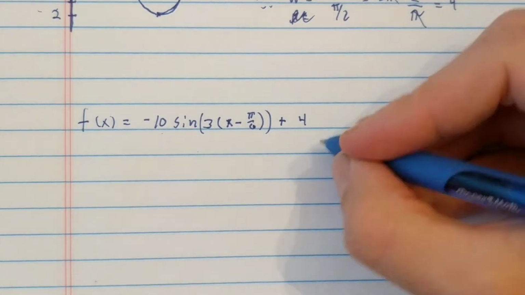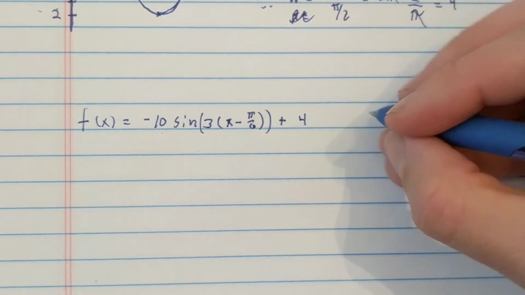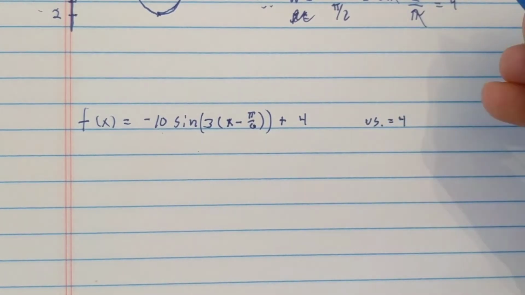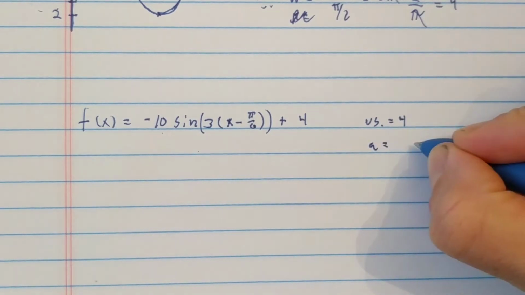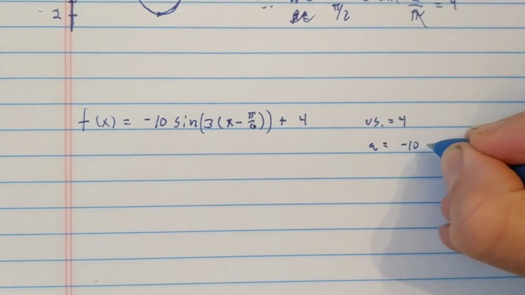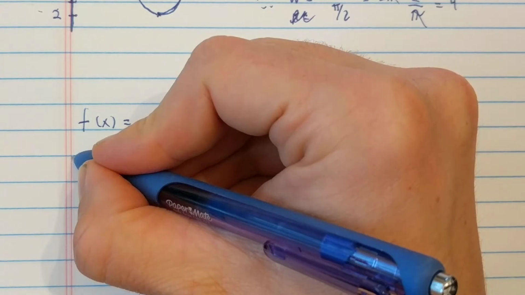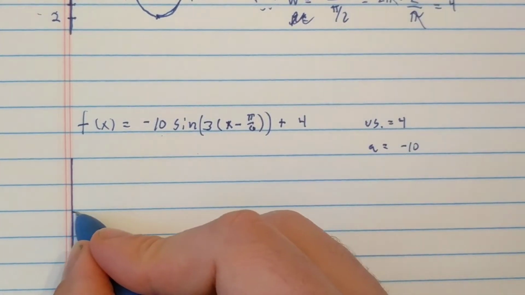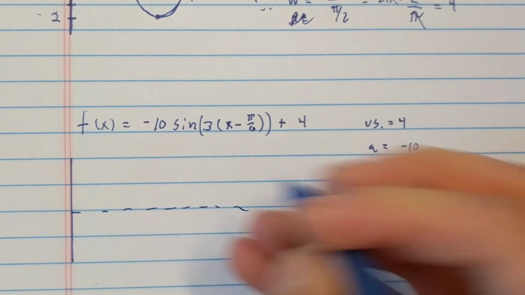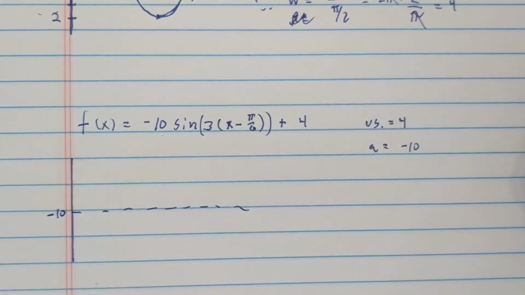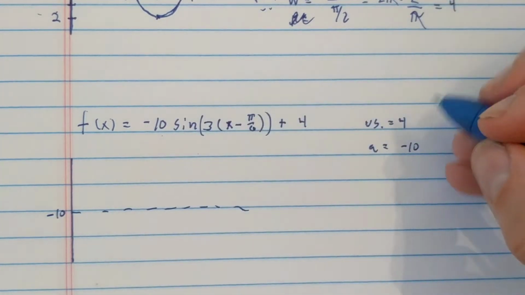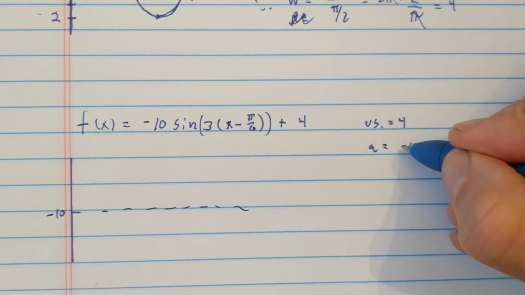Okay, so this has a vertical shift. It's 4. This has an amplitude. It's negative 10. Vertical shift means we're going to go up 4. Oh, sorry, I just messed these up.